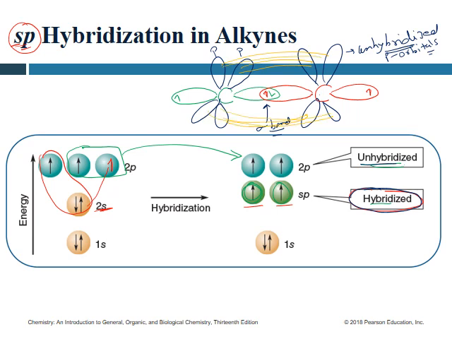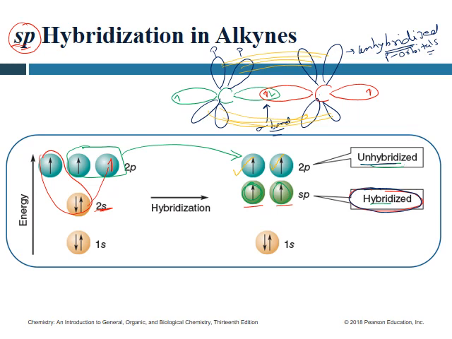If one unhybridized p orbital from each carbon overlaps, they're gonna make 1 pi bond. But in this case we have 2 unhybridized orbitals on each carbon, and if they overlap with each other, they're gonna make 2 pi bonds.